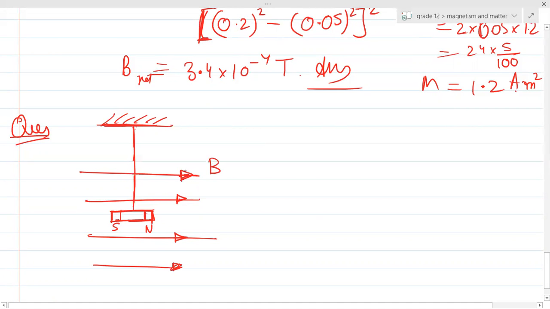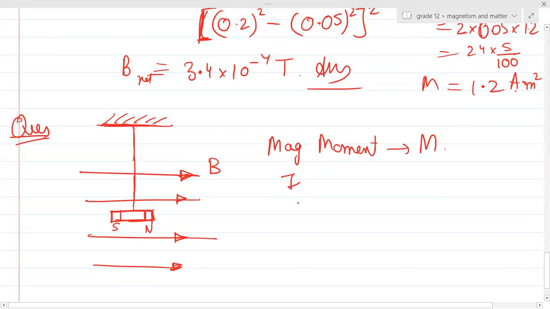Right? So now the question is given: a magnetic dipole of magnetic moment M is suspended by a string in a uniform horizontal magnetic field as shown in the figure.